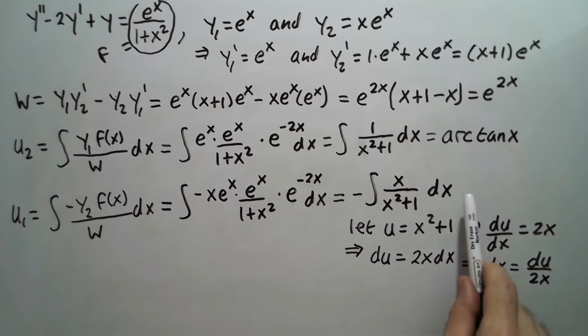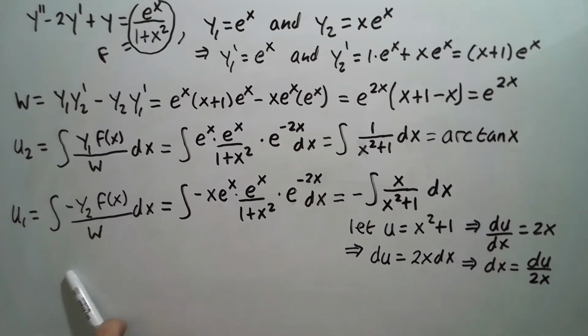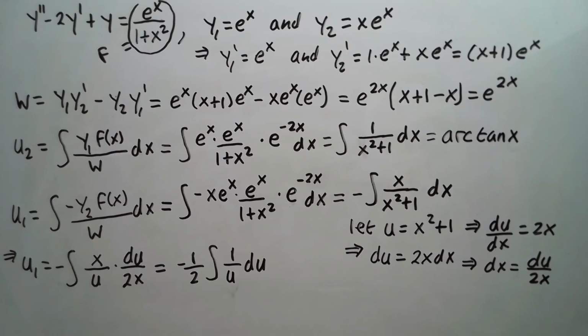So plugging in, we have x over u, because x squared plus 1 is my u, times my dx. But dx now is du over 2x, which I've put here.